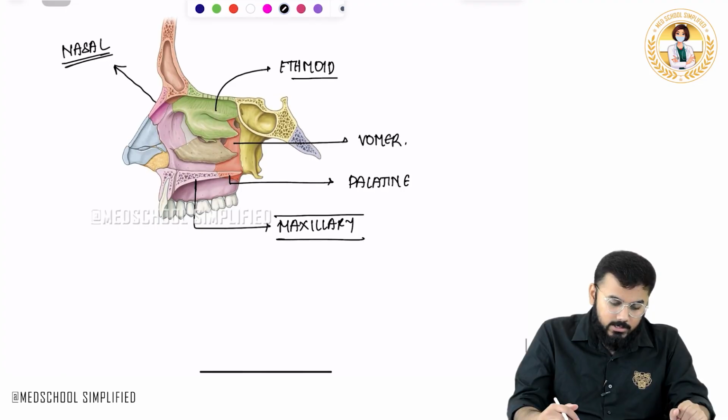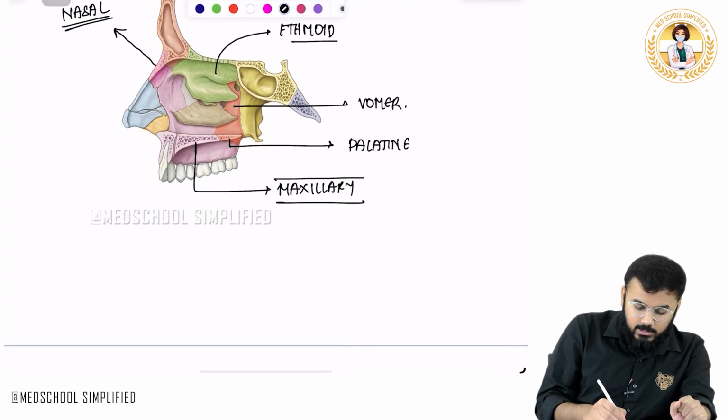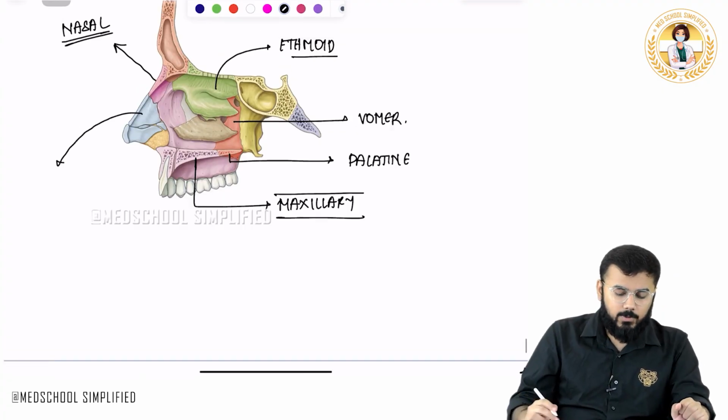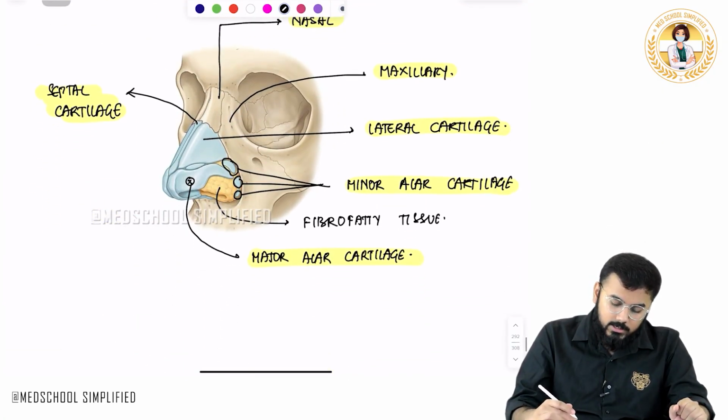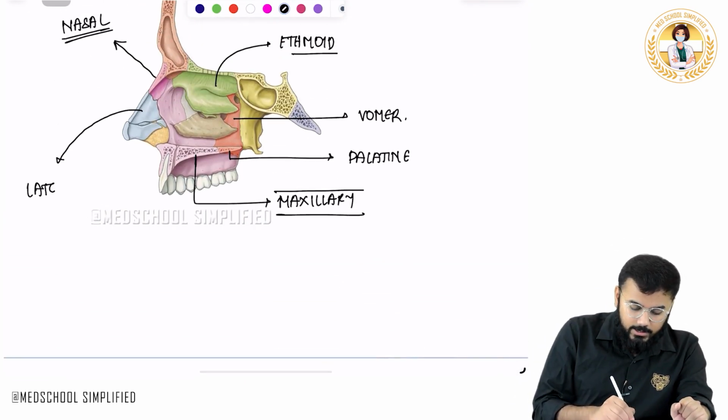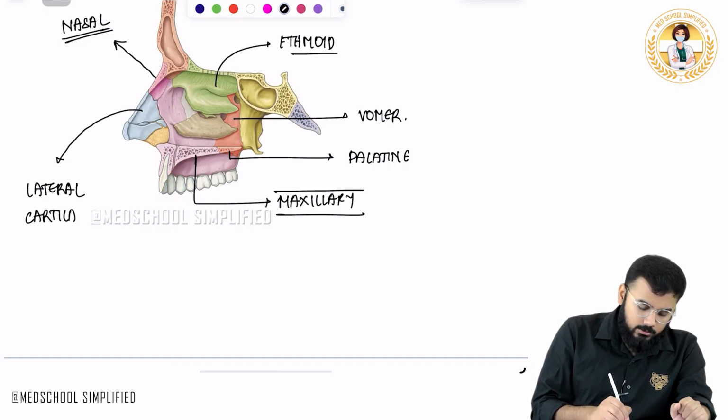After the ethmoid is done, the next important structure we shall discuss is this one. What is this particular cartilage over here? We discussed this just now. It is the lateral cartilage. After the lateral cartilage, what is this?